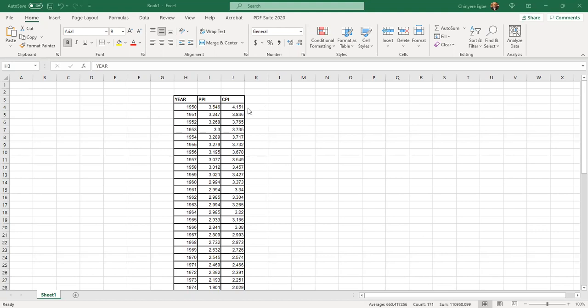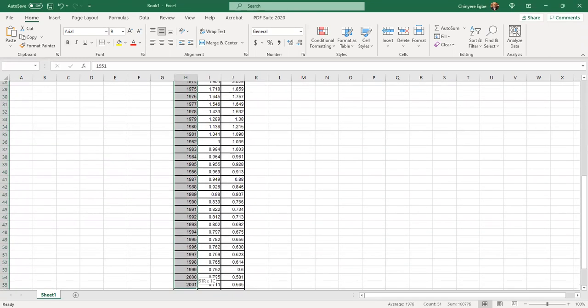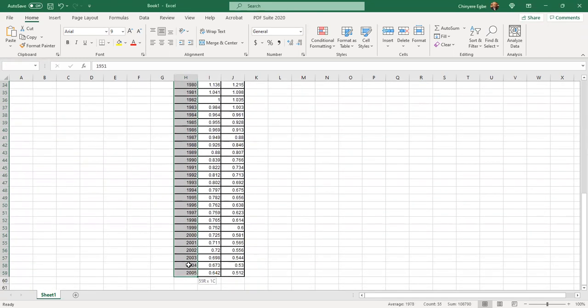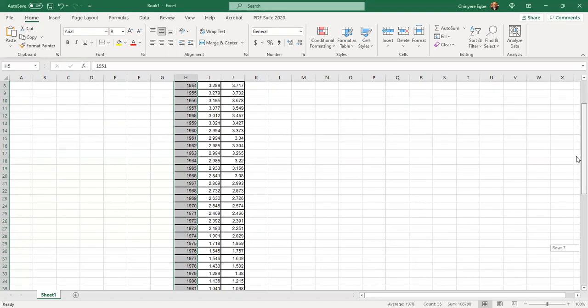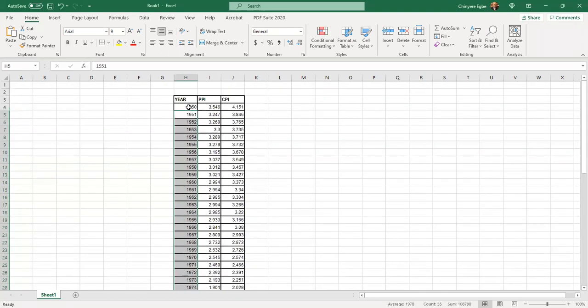So what I'm asking you in your homework assignment is to compare, say, the consumer price index to 1950 and use 1950 as a base, which is to say, when you look at prices in these other years, up to 2005, how do they compare to prices in 1950? So 1950 is your base year.